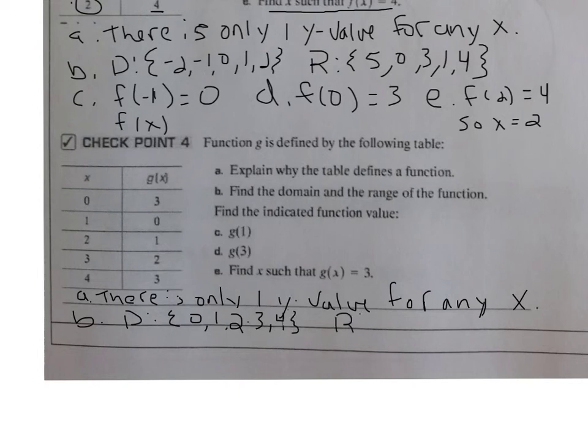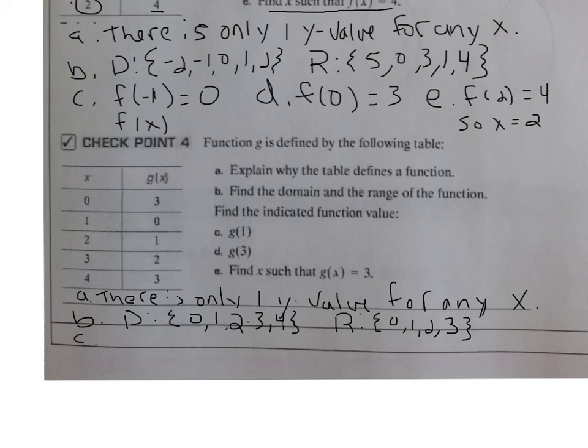And the range is 3, 0, 1, and 2. You can put them in order. 0, 1, 2, and 3. If you didn't, that's okay. Just don't repeat the 3. You only write down the 3 one time. So 0, 1, 2, and 3 is the range.